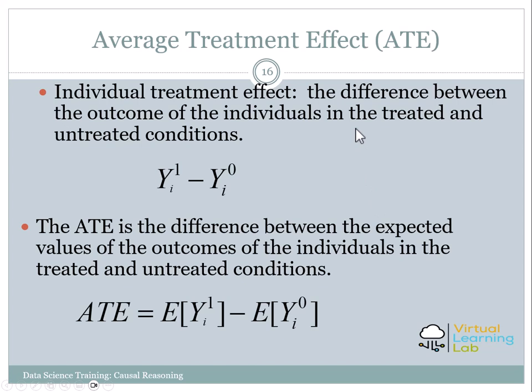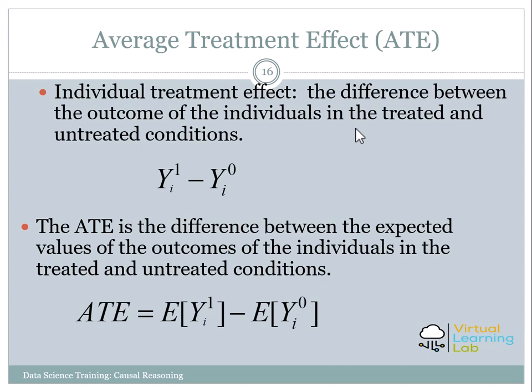So the average treatment effect is defined based on individual treatment effects. The individual treatment effect is the difference between the outcome for an individual in the presence of treatment and the outcome in the absence of treatment. Now, this is not observed because individuals are just assigned to one condition, therefore you cannot observe both outcomes.